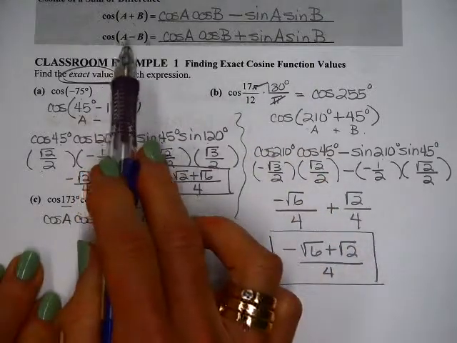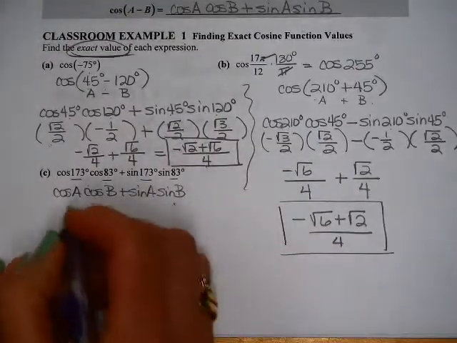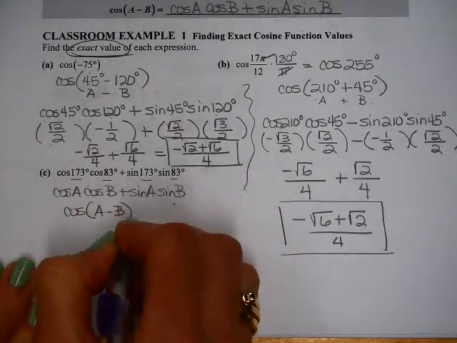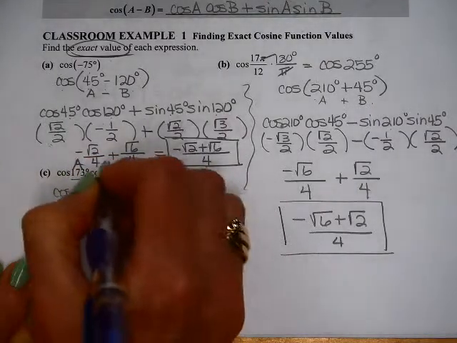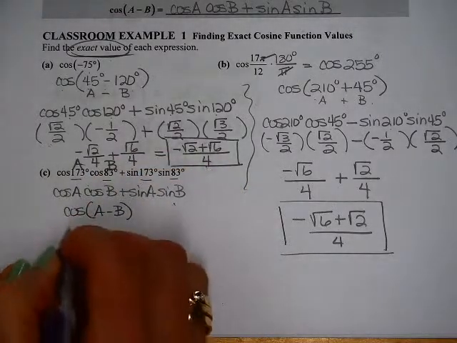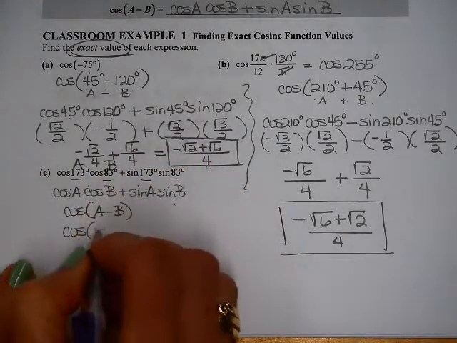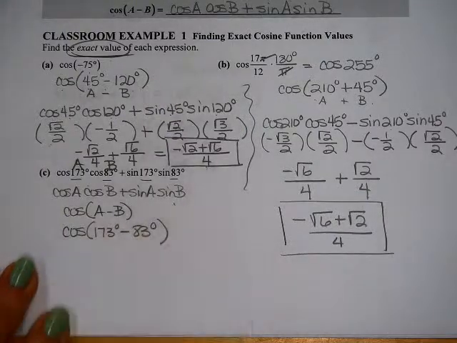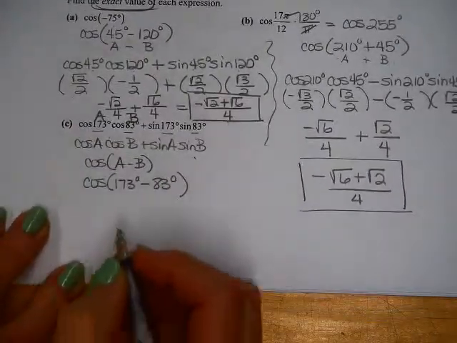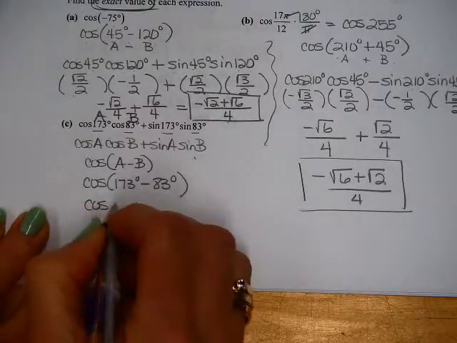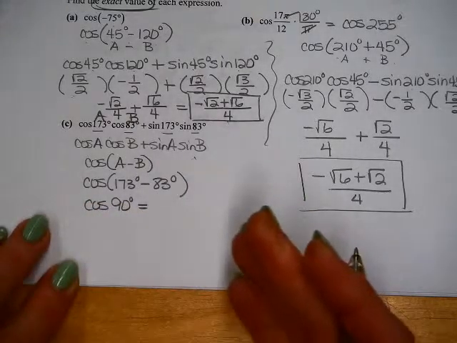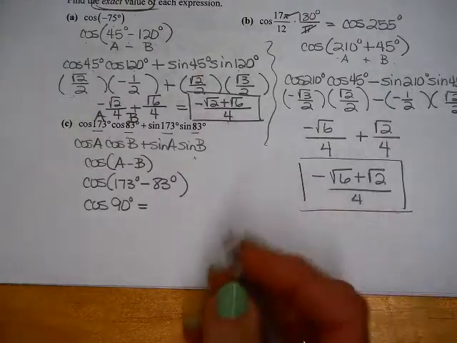It's the cosine of A minus B. This is A, this one is B, so this is the same thing as the cosine of 173 minus 83. 173 minus 83 is 90. So the cosine of 90 degrees, now look at your sheet, and the cosine of 90 degrees is 0.